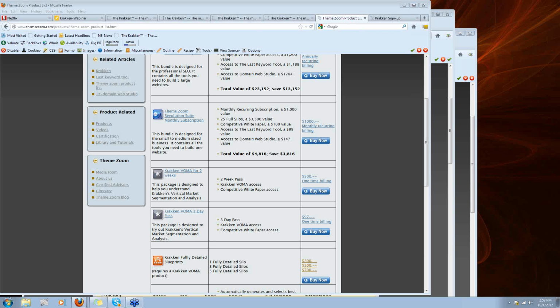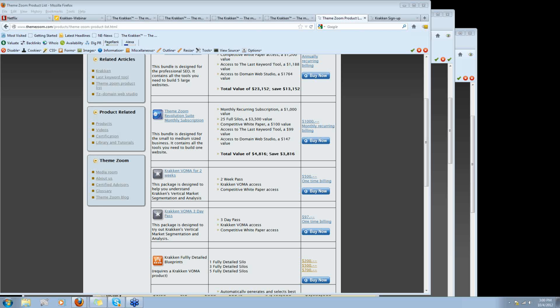I also like the import function on Krakken, where I import local keywords into Krakken to see which ones have the most value. Those are things that I do, but they're not required for you to dominate local areas. And there is an import function on TLKT, and we'll demo that next week. But yes, you can get there with both tools. It just depends.